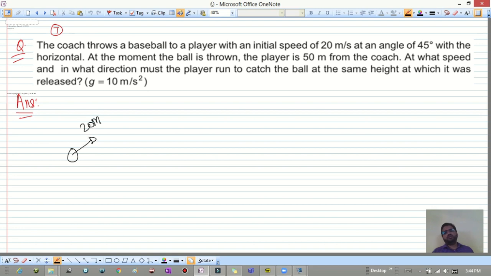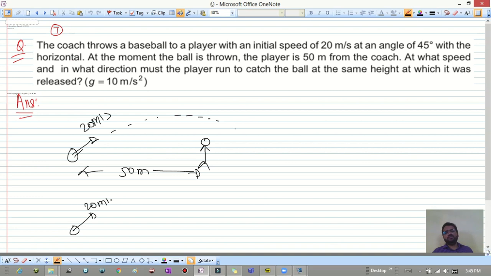The coach throws the ball at 20 meters per second, and the player might be somewhere over here, at 50 meters. The angle is given as 45 degrees.